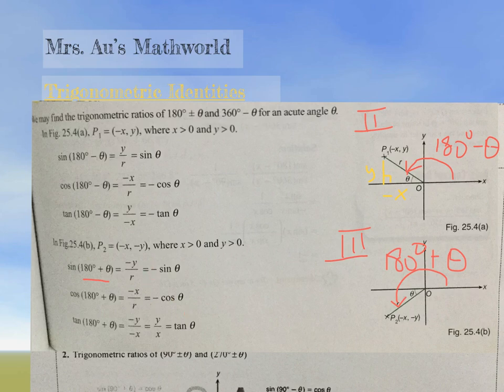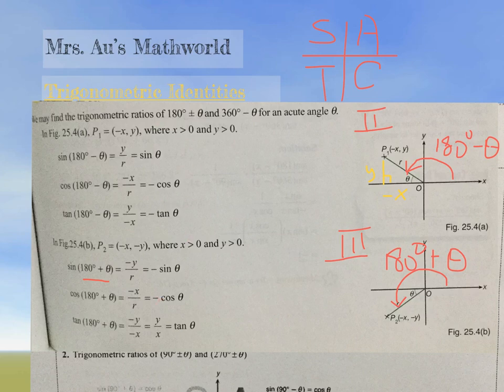The plus sign is also the same as before. That means only tangent is positive in quadrant 3, and in quadrant 2, only sine is positive. So the CAST rule can still be used in this case. And one more thing is, the sine, cosine, tangent will all have the same values.